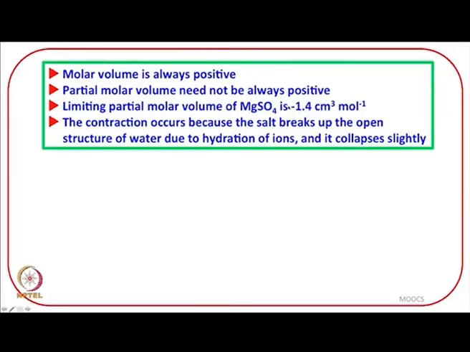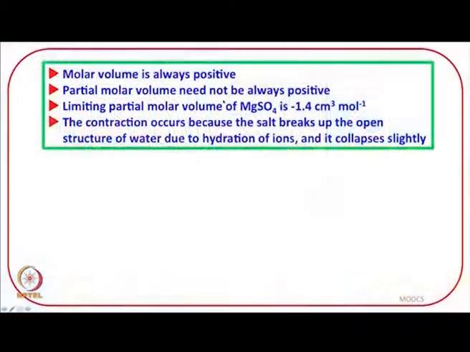That means when you add 1 mole of magnesium sulfate into water, then instead of an increase in volume, the overall volume decreases. And that can only happen if there is a partial disruption of the structure of water. So, as commented over here, the contraction occurs because the salt breaks up the open structure of water due to hydration of ions and it collapses slightly.